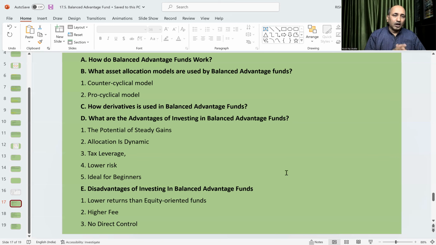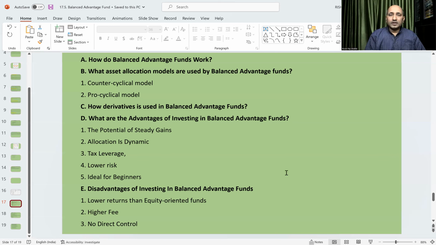Third is how derivatives are used in the balanced advantage fund, especially when the market is too volatile and the fund manager is able to find different derivative prices, or different prices for the same asset, same stocks.